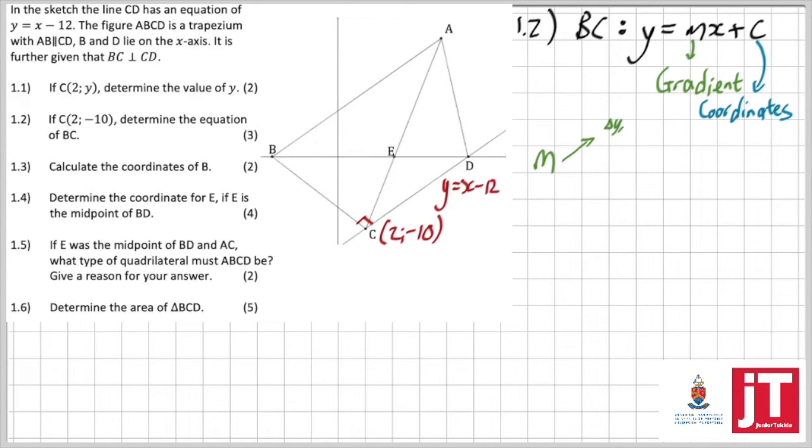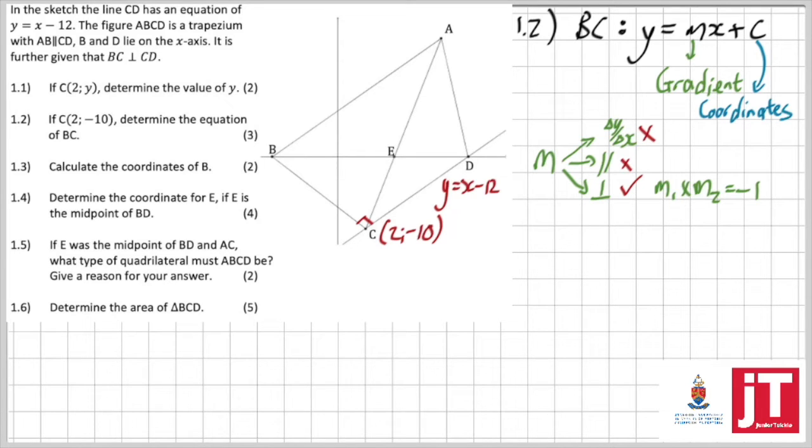I've got 3 options for gradient. As you know, if you don't know this, rewatch the previous videos. I don't have C and D, so I can't use the first one. I don't have parallel lines. Well, I do, but that's with AB, not with BC. So I'm not going to use the second one, but I am going to use perpendicularity.